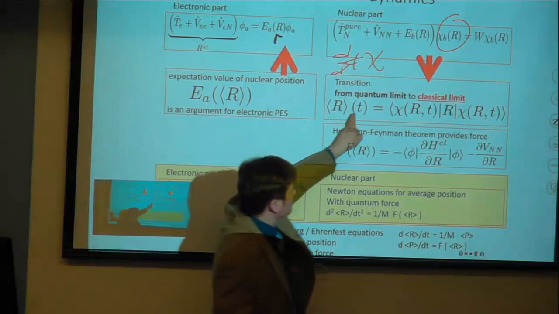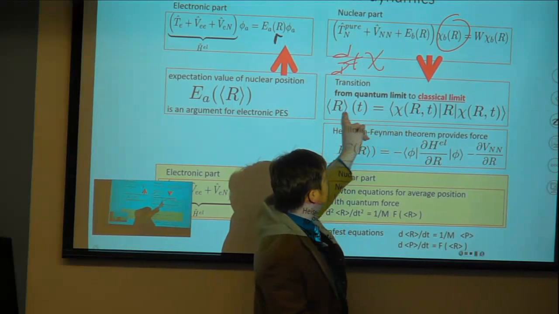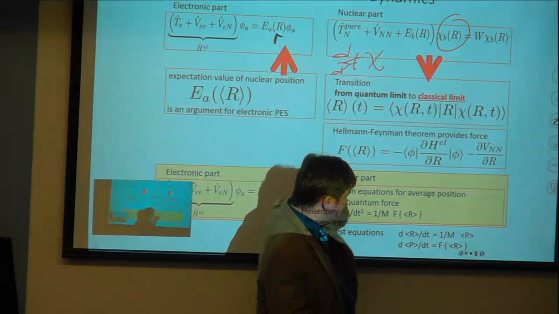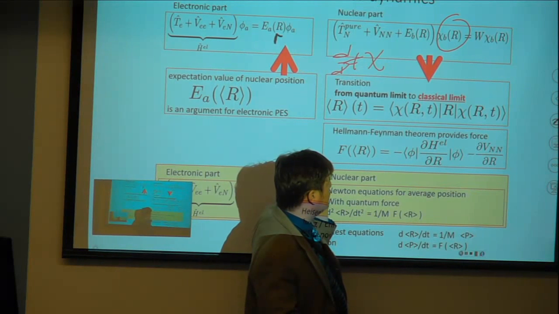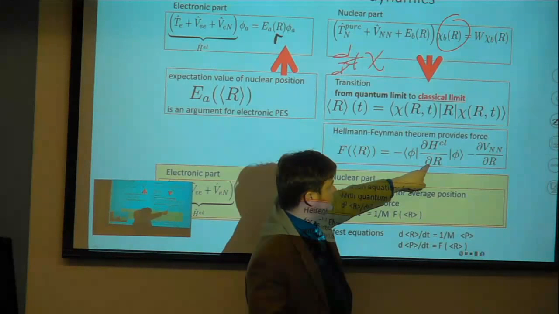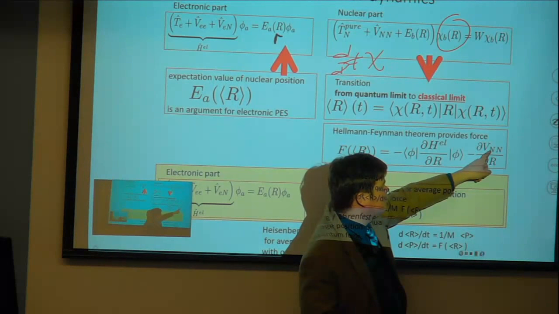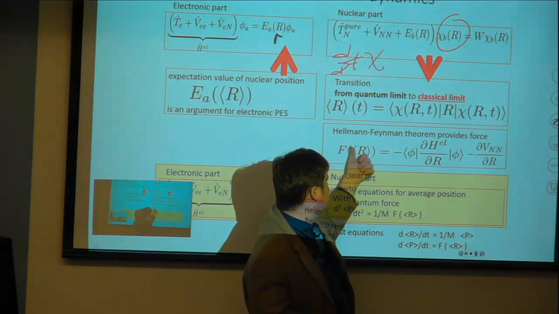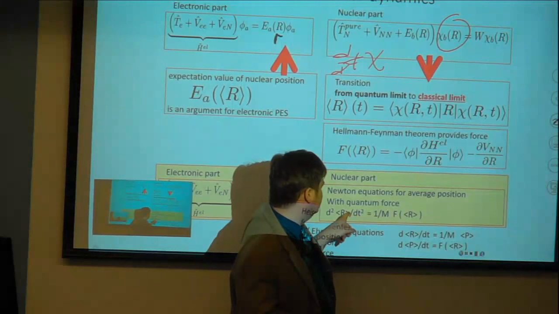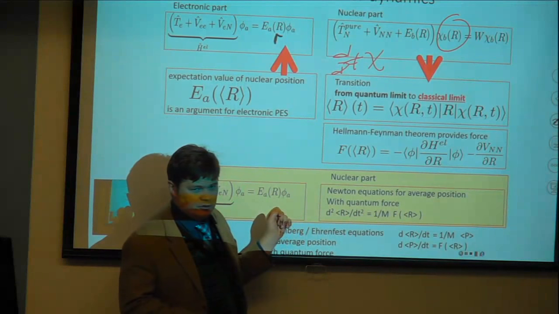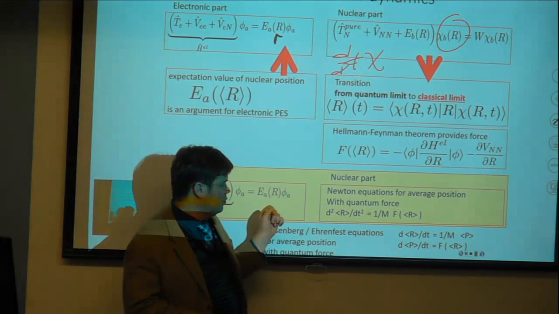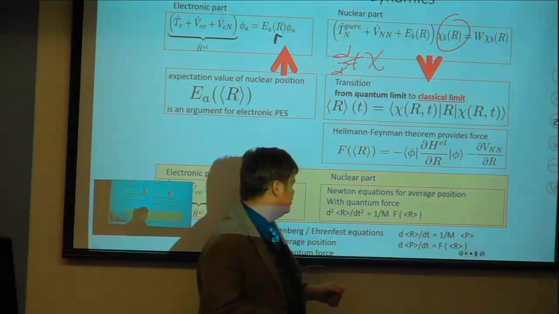So therefore, possible or impossible, one goes from the wave function to the expectation value of position. Then by the expectation value of the gradient of the electronic part and the gradient of nuclear repulsion, one gets the force that is plugged into a Newtonian equation of motion, or this coupled set of equations of motion for position and momentum.